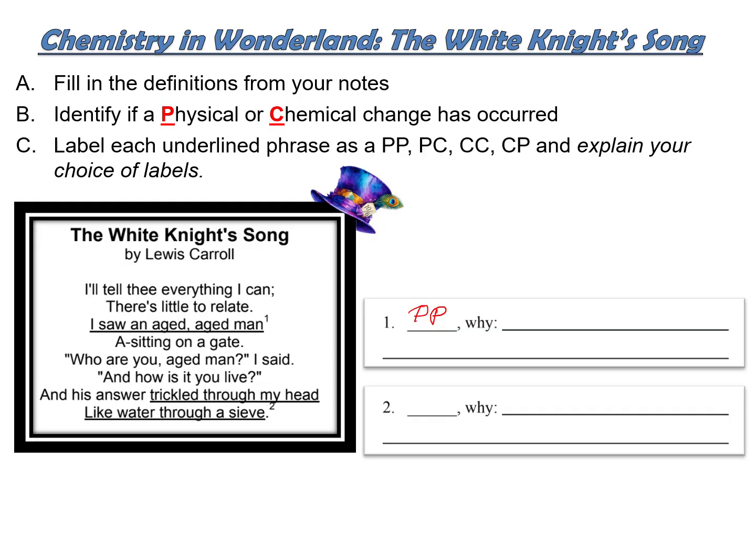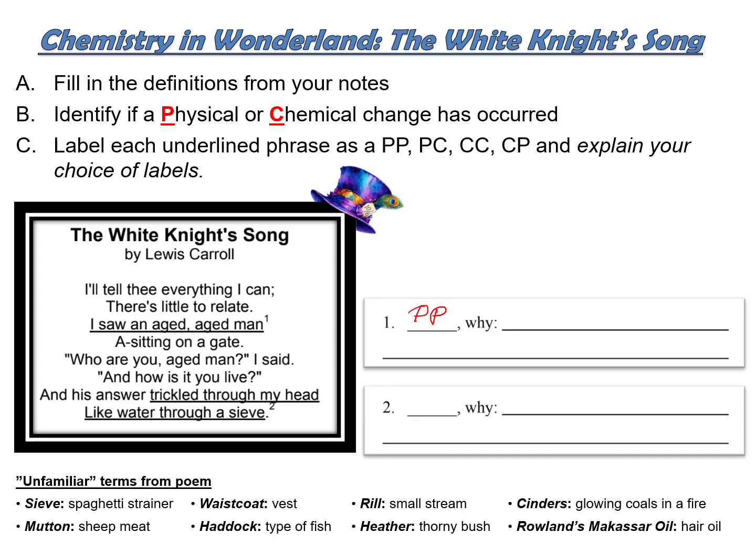It's not changing anything else, so it's definitely going to be a physical something. You can say water has a certain surface tension, which is why it trickles as compared to just dumping straight out. So you could say, well, that's a physical property: water has a high surface tension. Or you could say it's a physical change because the water is changing its shape. It's going from being held in the sieve to being droplets as it trickles out.